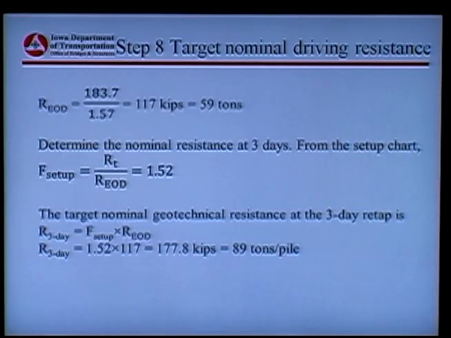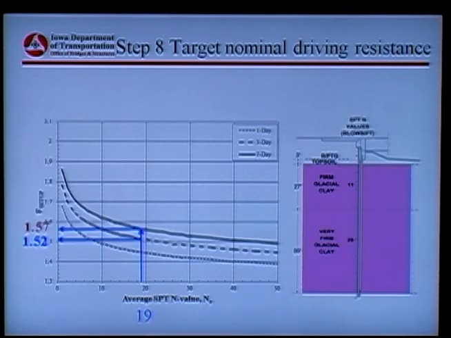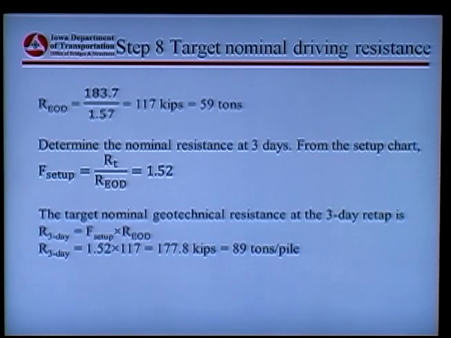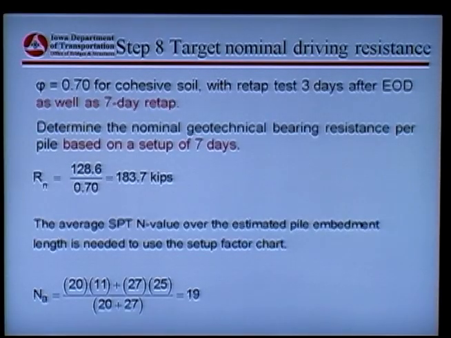Let's look back at the numbers, right? This is 7 days, 183.7, okay? This is 117 at end of driving, 177.8 at 3 days. You see the trend, right? Smaller at end of driving, increased up to this value at 3 days, and then increased up to 183.7 at 7 days.